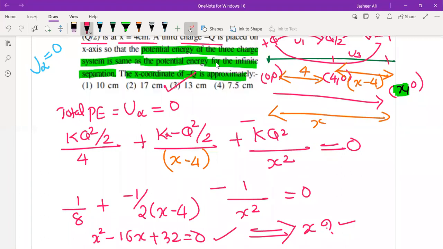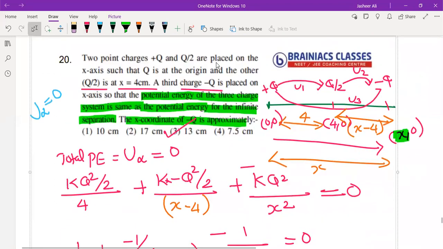Is this clear? Any doubt? Any step? If you ask any doubt, I will pause there and explain. If you keep silent, I will take it as yes and go forward.